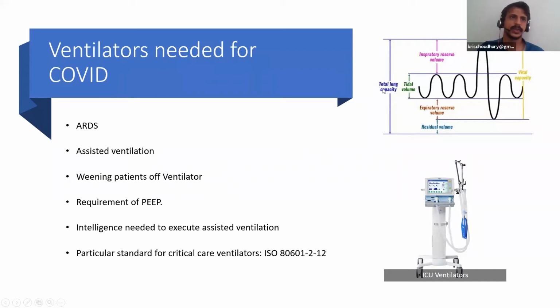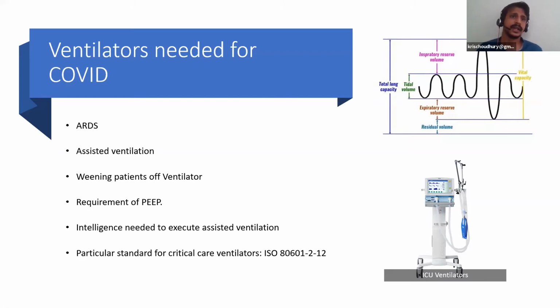So the total lung capacity is pretty straightforward, the total volume that a lung can carry during normal operation, right? And a part of that total lung capacity would be residual volume. That is when the lung completely collapses and completely exhales, there will still be some amount of air in the lungs. So that is what is called residual volume.